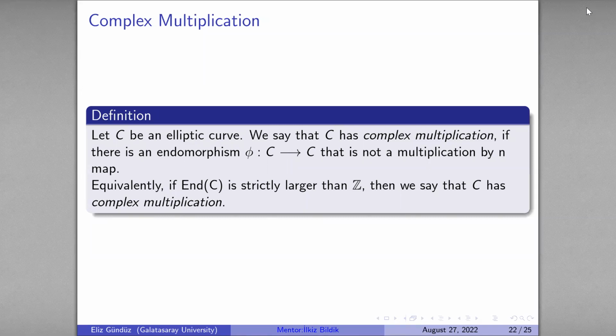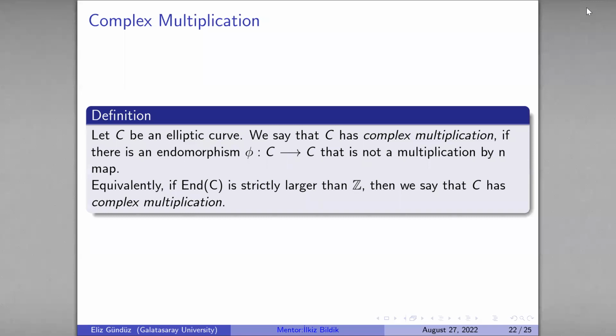We constructed a field extension with a Galois group, and we proved that rho n is a homomorphism, and in some cases rho n is a one-to-one homomorphism. But notice that rho n need not be onto. So it turns out that for most elliptic curves and for most values of n, the representations rho n are almost onto.